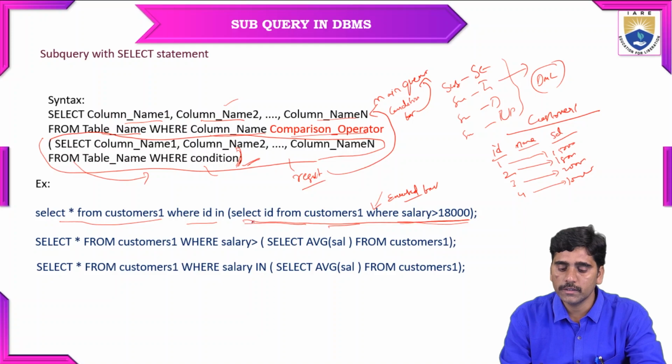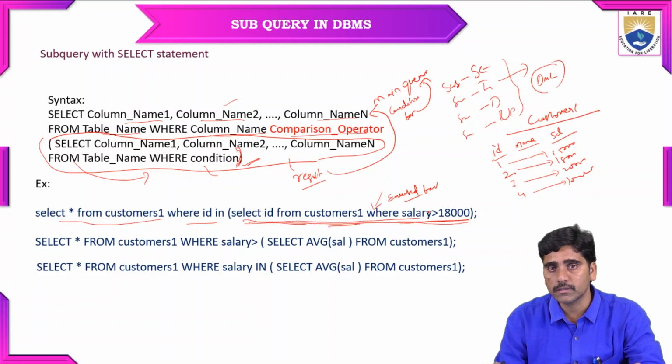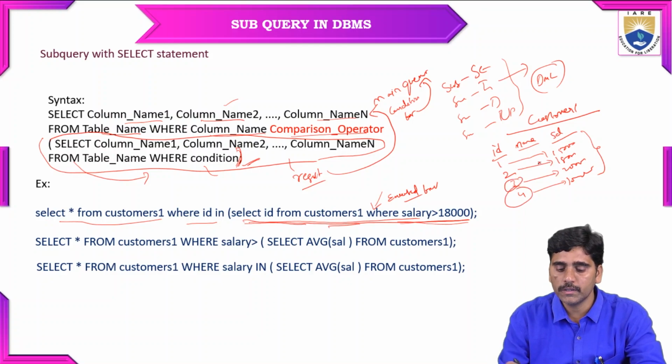So this query selects those having a salary greater than 18,000, meaning the third and fourth candidates will be displayed.